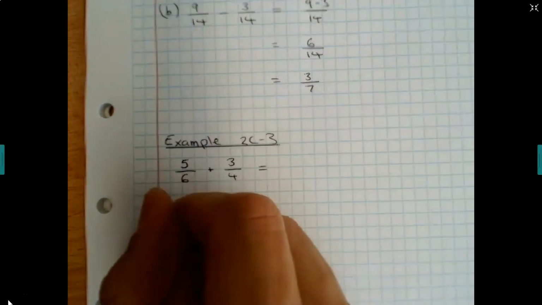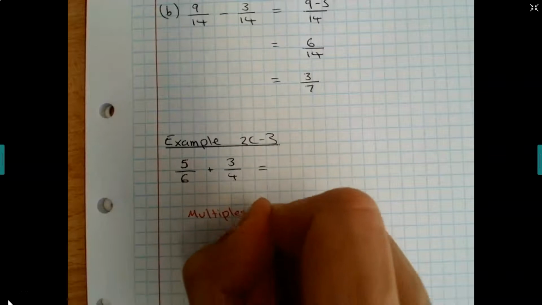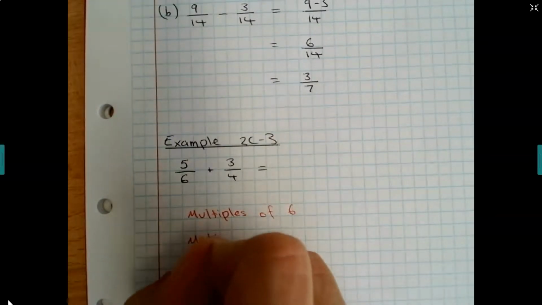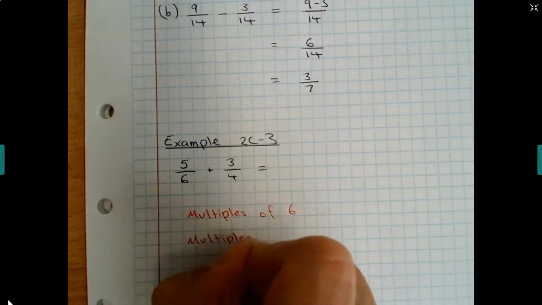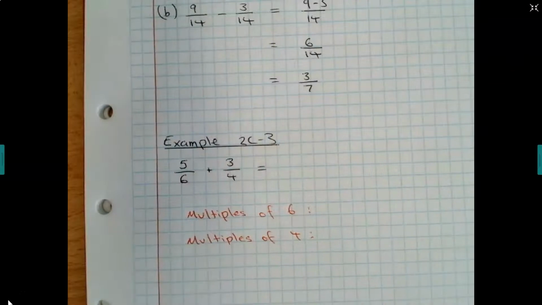So I'm going to write here multiples of 6 and multiples of 4. Because basically what we want to do is we want to find the lowest common multiple, and that's going to form our denominator. That will be our common denominator.